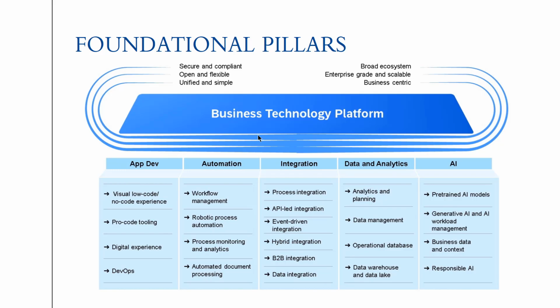Definitely there will be some threats from hackers and vulnerabilities, so you need a secure and compliant environment. SAP BTP supports security and compliance regulations. It is also open and flexible: open to connectivity with any system, SAP or non-SAP, and flexible, unified and simple.